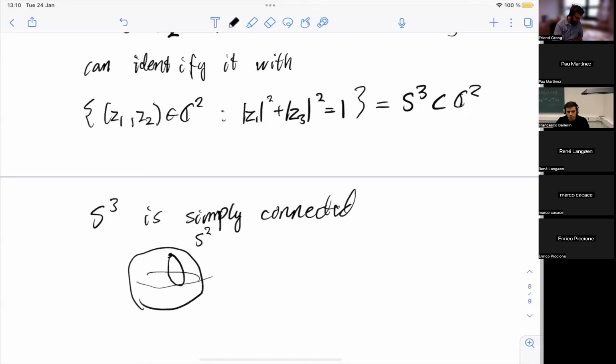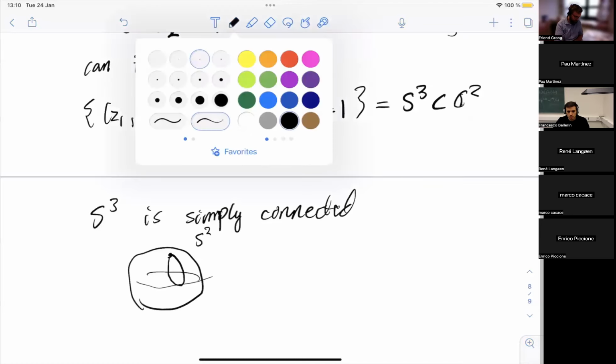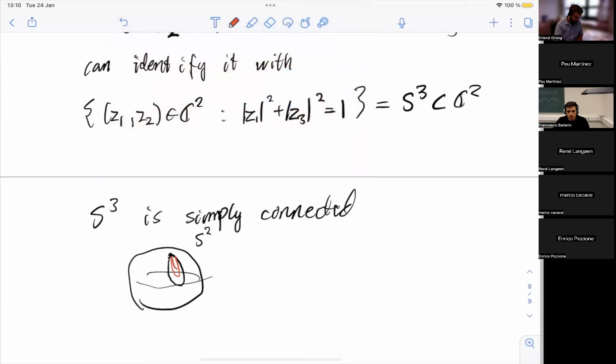If you have a loop on this space here, then you can always contract it down into a single point. You need to actually check this mathematically for the S3 sphere, that it works out the same way as it works on the 2-sphere where you can draw it. But this is also a simply connected space. So SU2 is simply connected.